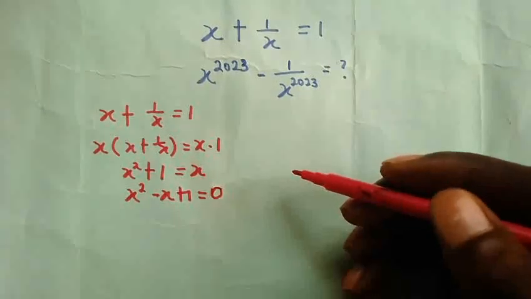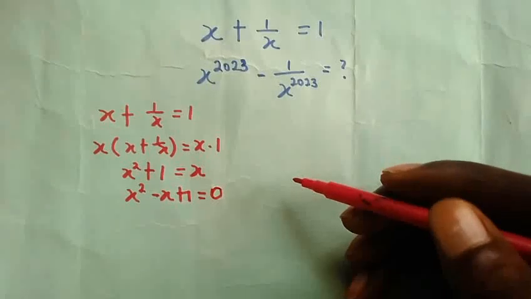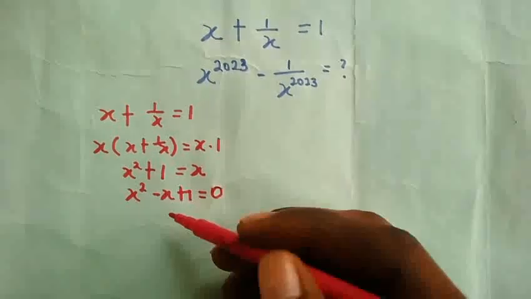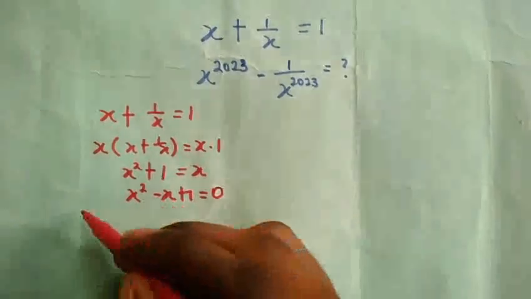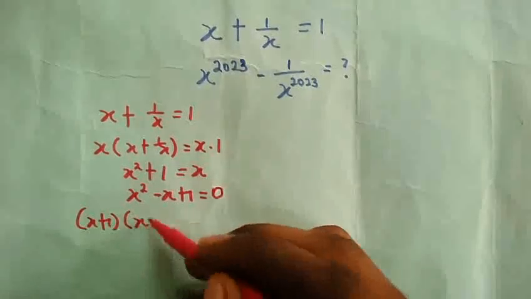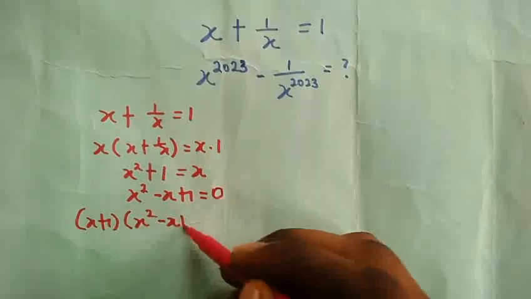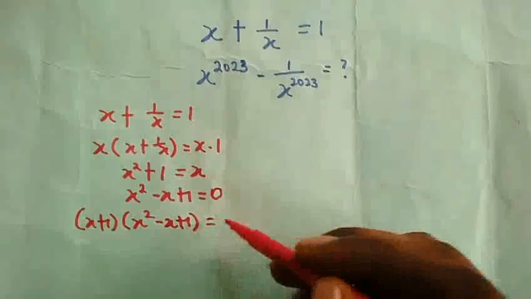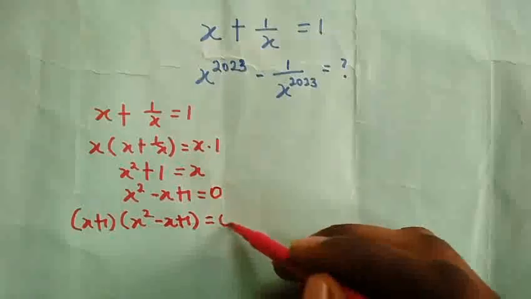Now if you try manipulating this equation by multiplying both sides by x plus 1, let's see what we have. x plus 1 open brackets x squared minus x plus 1 is equal to, remember that x plus 1 times 0, we are left with 0.